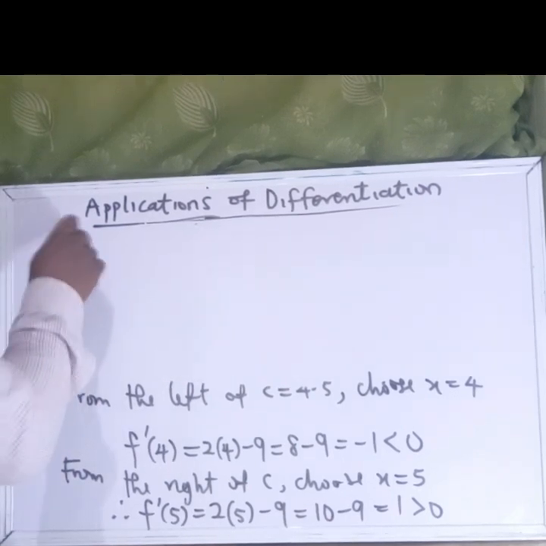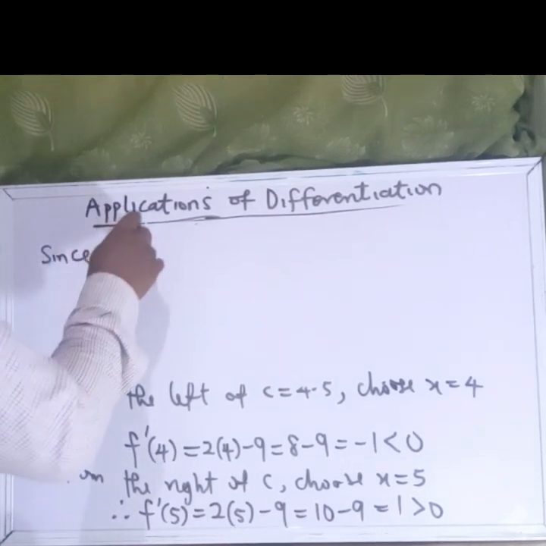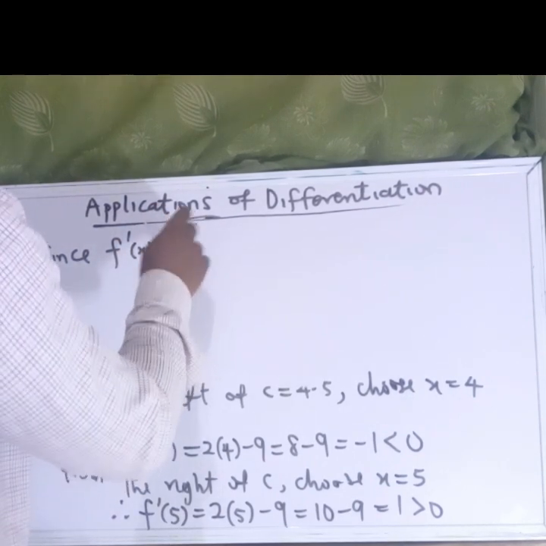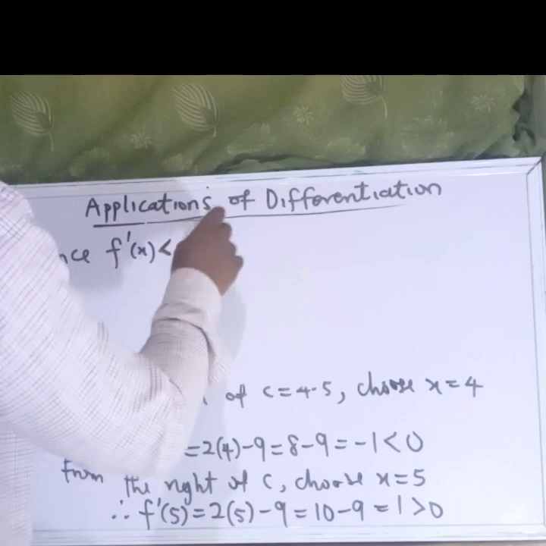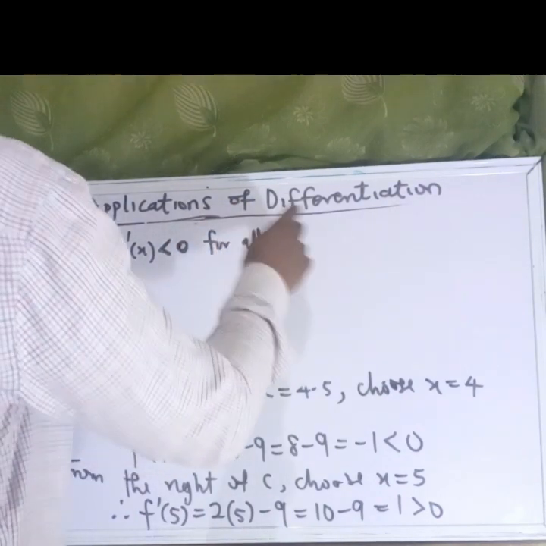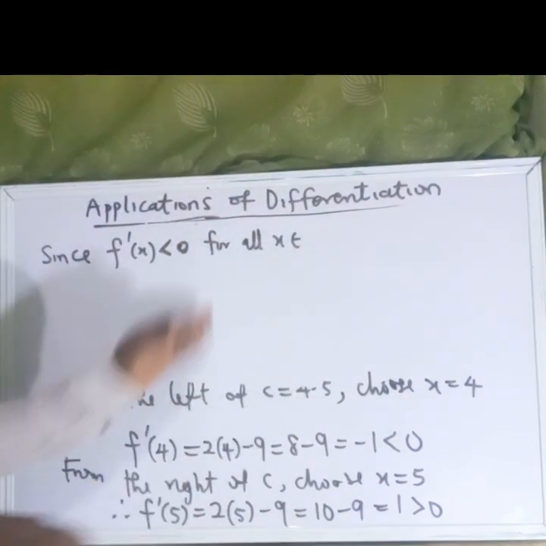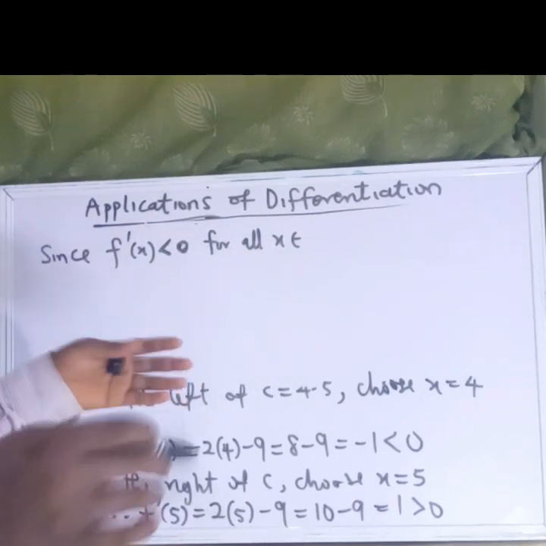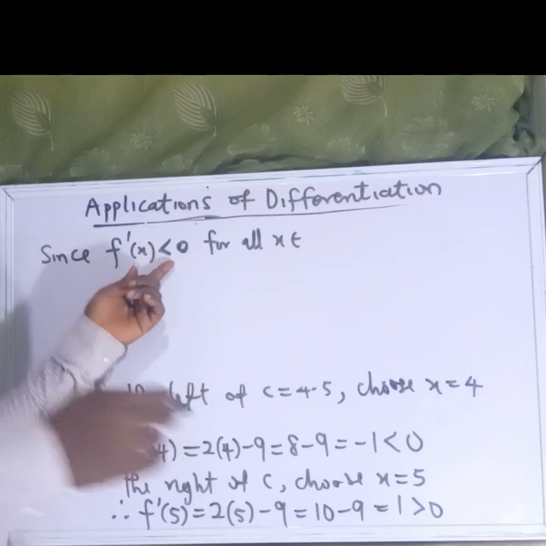All right, so since f prime of x is negative for all x in this interval, any x we choose will give us a negative slope here. Okay, we only choose one x, but any x will give us a negative slope.